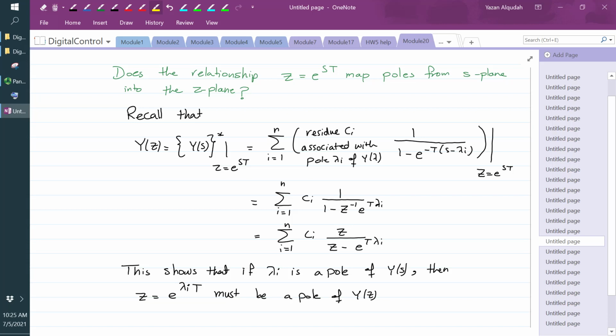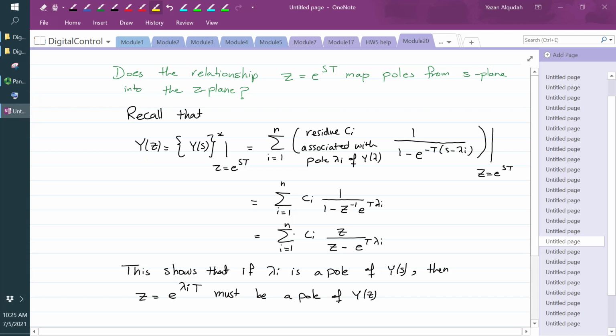And to answer that, we go back to how we get Y(z). If you recall, we get Y(z) from Y*(s), and we replace z equal to e to the sT, and this is going to equal the summation of the residue associated with the pole lambda i of Y(lambda) multiplied by 1 over 1 minus e to the negative T (s minus lambda i), and therefore we can write this as a summation of ci times 1 over 1 minus z to the negative 1 e to the T multiplied by lambda i, and we can multiply by z over z.